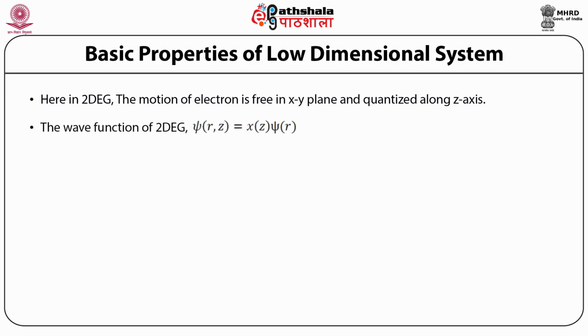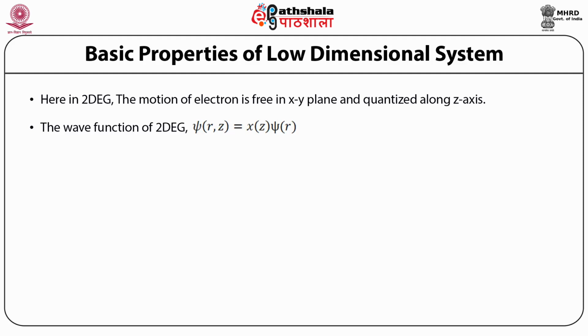Hence, the wave function of the electrons in 2DEG can be decoupled as psi(r, z) equal to chi(z) multiplied by psi(r), where r is the vector in the xy plane of 2DEG.